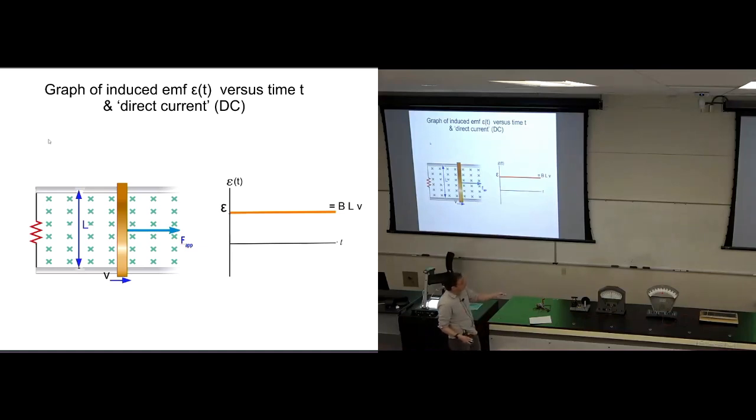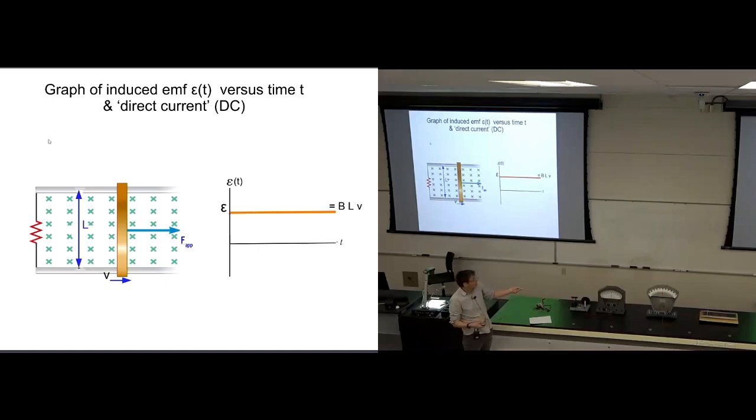If I wanted to picture the induced EMF as a function of time from this generator, it would be a graph that looks something like this. Time is horizontal, the induced EMF is vertical, and if I was to maintain the rod moving with constant velocity, I get a constant EMF.